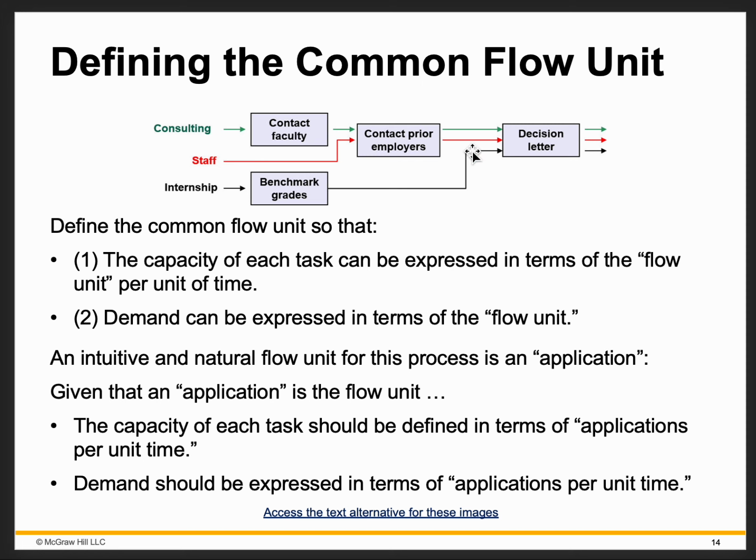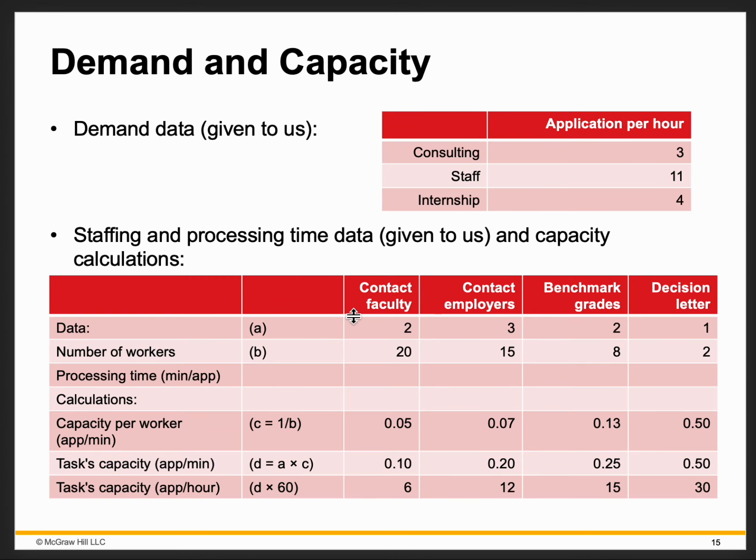An intuitive flow unit in this case would be, say, an application. It could be any type of application. You have three different types of application, but it's still an application, right? So given that an application is the flow unit, the capacity of each task should be defined in terms of applications per unit time, right? So let's get some data here.